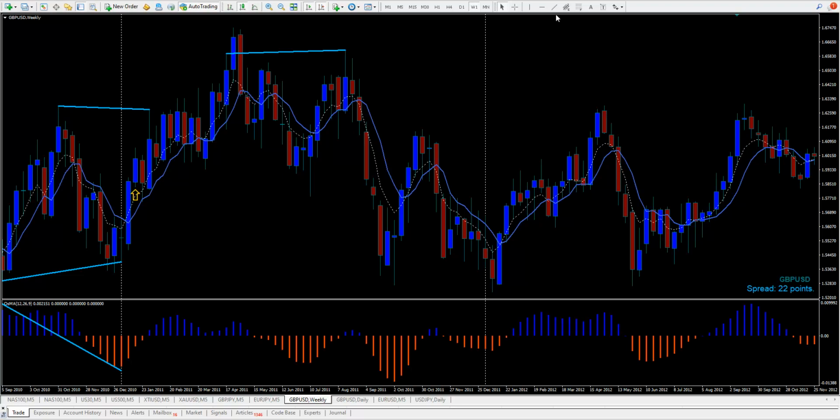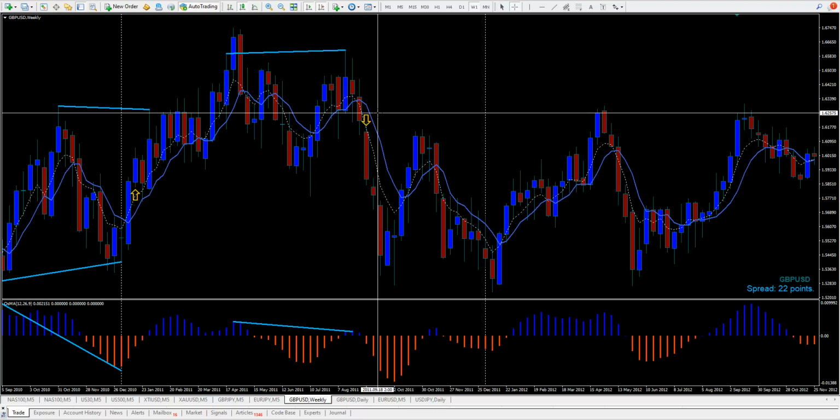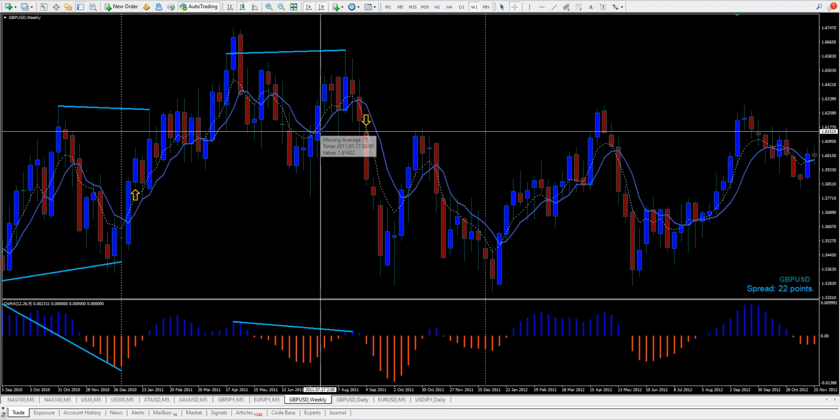And we put on down here, see? That's divergent, man. That is divergent. So we would have got in right there on the opening of this weekly candle. So would have sold right here. Stop would have been 470 pips, and it went down 800, almost a 2-to-1 win-loss ratio.